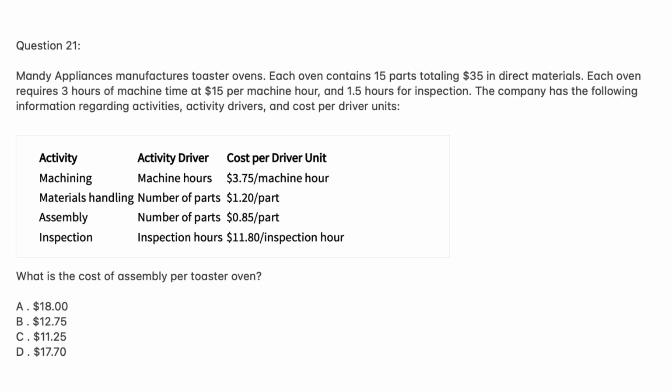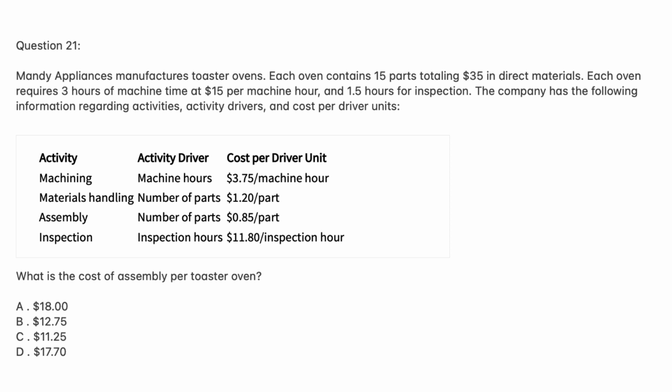Question 21. Mandy Appliances manufactures toaster ovens. Each oven contains 15 parts totaling $35 in direct materials. Each oven requires 3 hours of machine time at $15 per machine hour, and 1.5 hours for inspection. The company has the following information regarding activities, activity drivers, and cost per driver units.